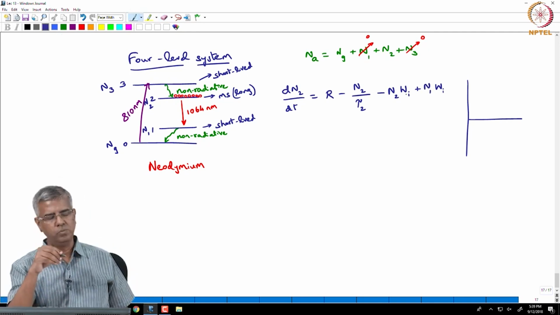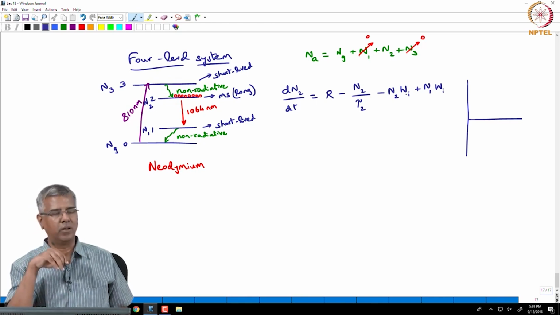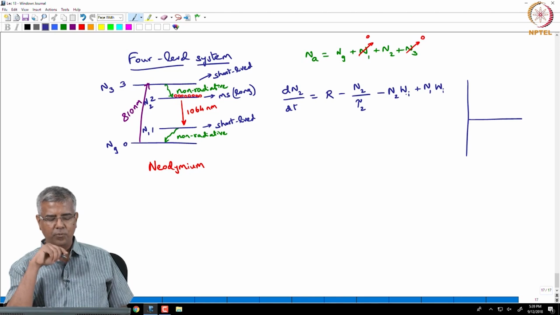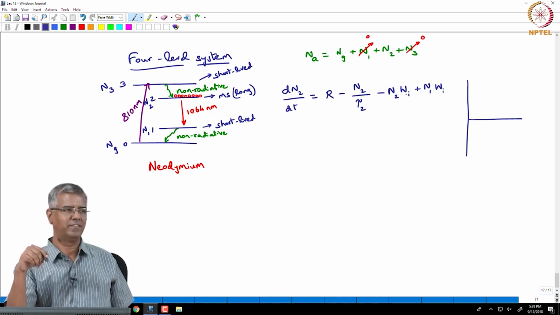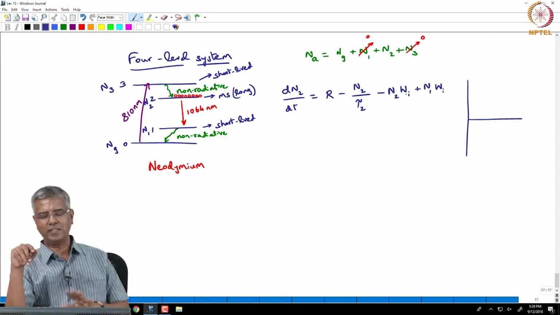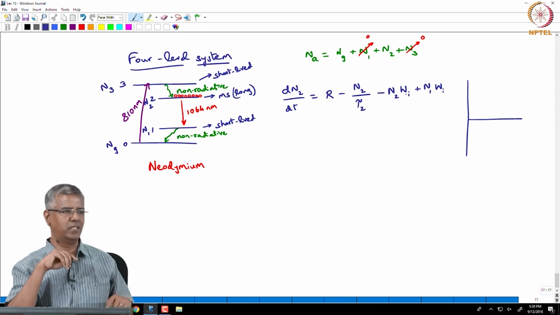If we assume N 1 to be 0, then you do not have that term at all, but what we are trying to get an expression for is that inversion. So, at this point we have to keep N 1, because N 2 minus N 1 is what we are trying to get.